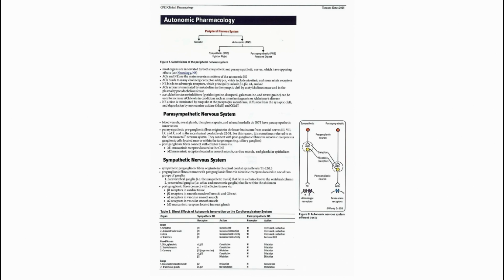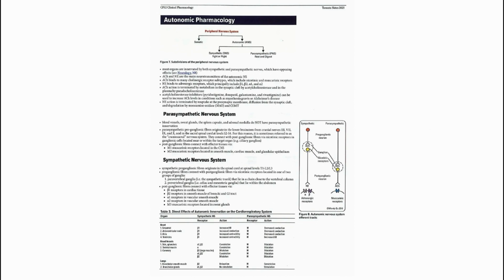The peripheral nervous system divides into the somatic nervous system, which controls voluntary movement of the skeletal muscles, and the autonomic nervous system, ANS, which controls involuntary organ function.